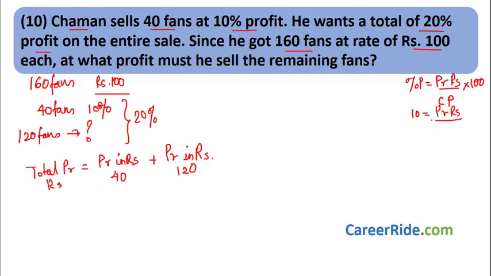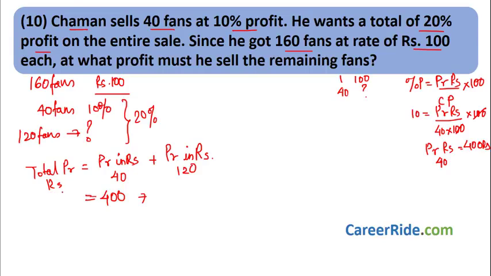One fan is 100 rupees, so 40 fans are 40 into 100. It is 40 into 100 multiplied by 100. This gets cancelled. Then the profit in rupees for 40 fans would be 40 into 10, 400 rupees. So the profit is 400 rupees, right?